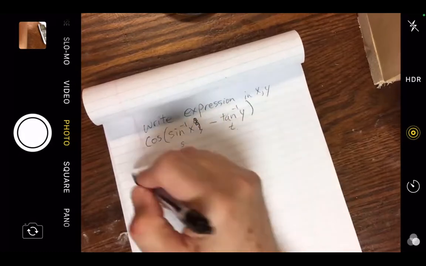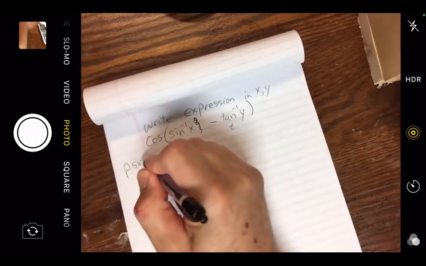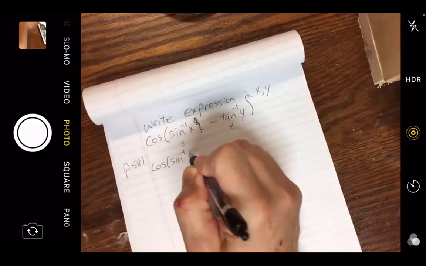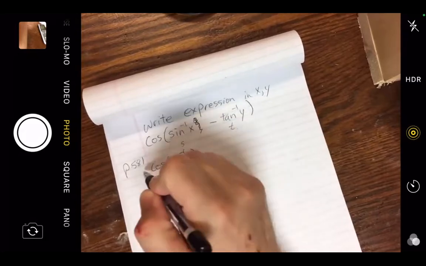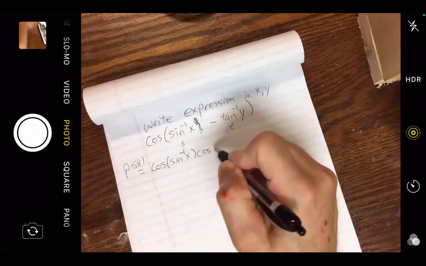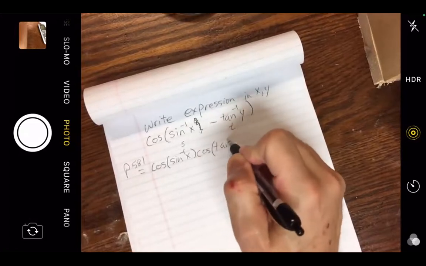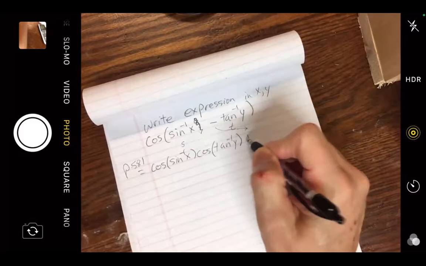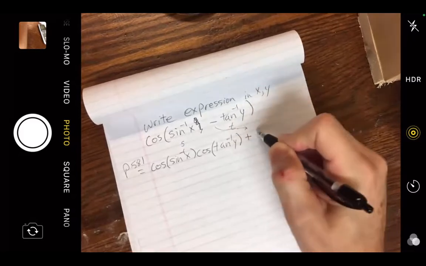So again, reaching back to page 581, that goes cosine of arcsine of X. That was cosine of both first. Cosine of arctangent Y. Then you do an opposite sine and sine of both.